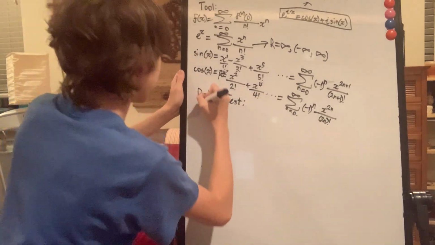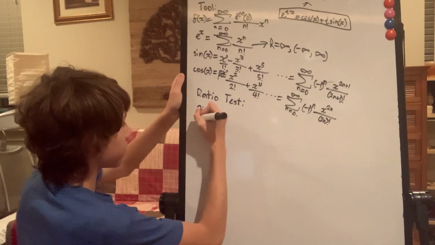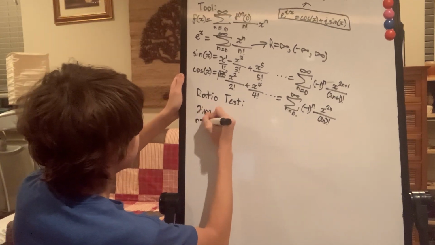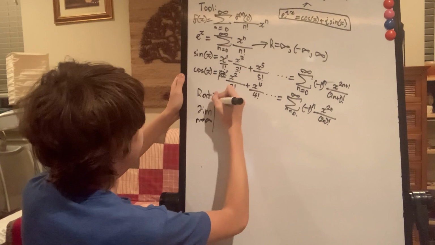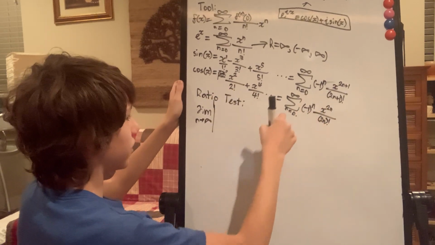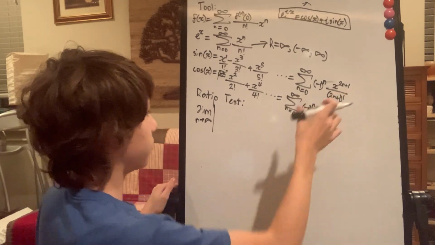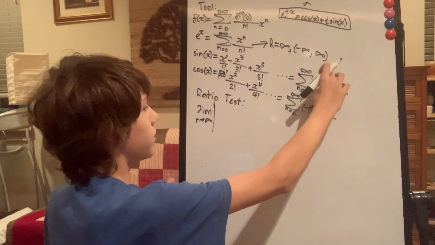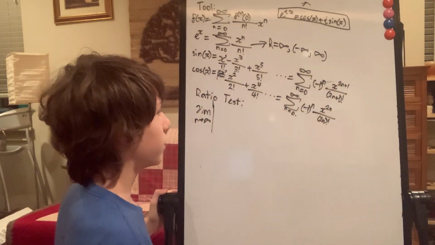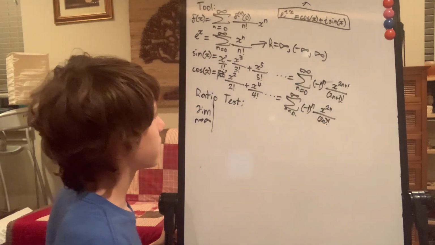So let's consider the limit as n goes to infinity of the absolute value of this ugly thing. Note that we have this negative factor on the outside here, but we can literally ignore it since we have our absolute value. It's always going to be 1, so that's not going to change anything.